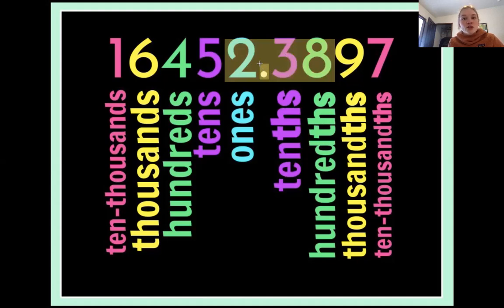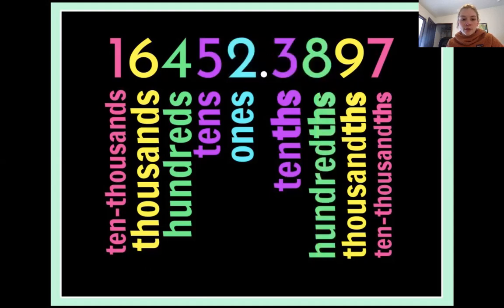We already know that. 2 and 38 hundredths. I just read the number like I would on this side, 38 hundredths. Not so bad. And we can keep going from there.